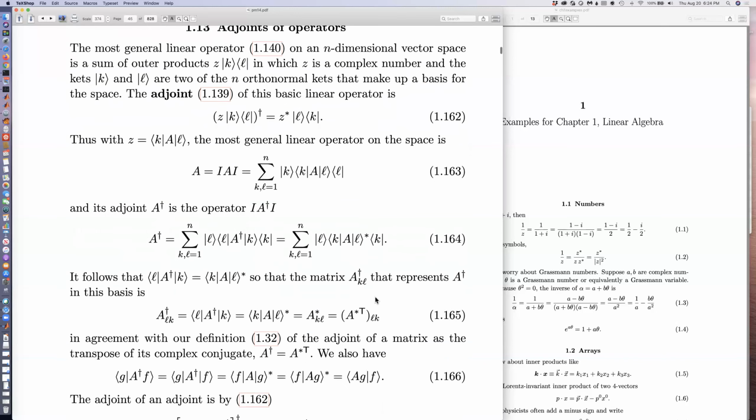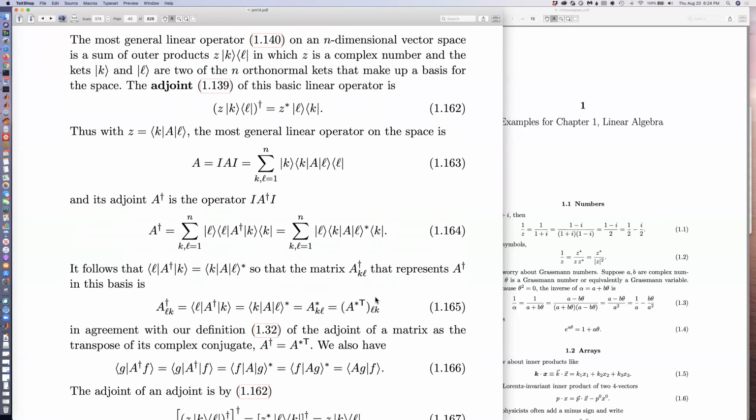Adjoints of operators. By the way, we use the term adjoint in physics so often that we just call it adjoint. Mathematicians, as we learned yesterday when fiddling with MATLAB, use a more complicated expression. I think Hermitian adjoint is one, and they also call it the complex conjugate transpose.